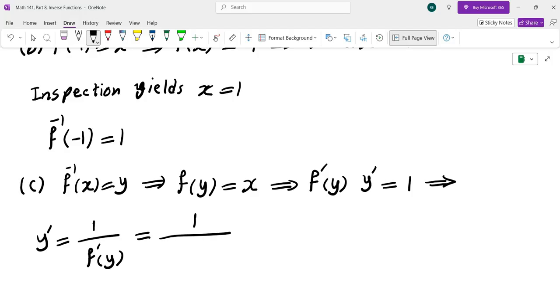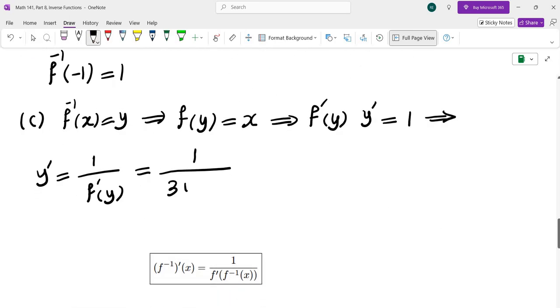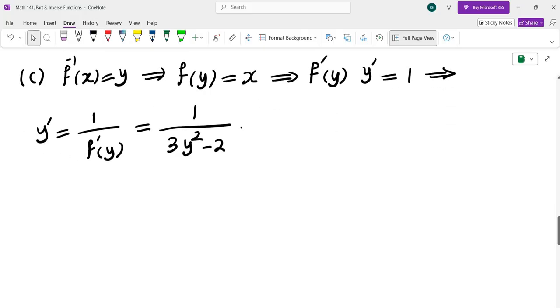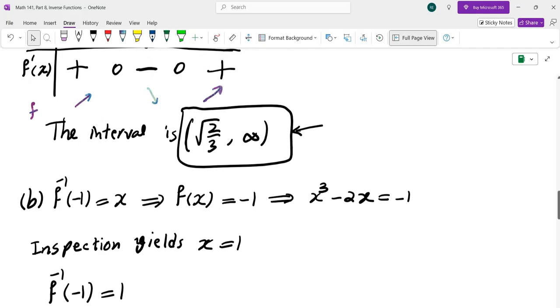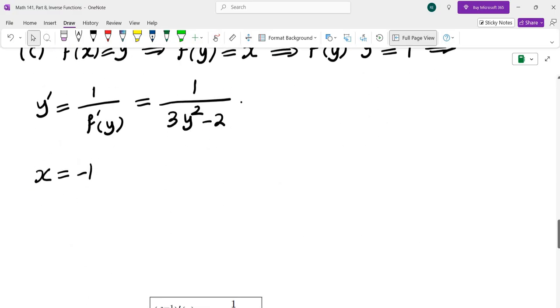Now, what is f prime of y? f prime of y is 3y squared minus 2, because f prime of x is 3x squared minus 2. And then we'll have to write it down in terms of the values that they gave us. We have x equals negative 1, because they're asking us to find the derivative of f inverse at negative 1.